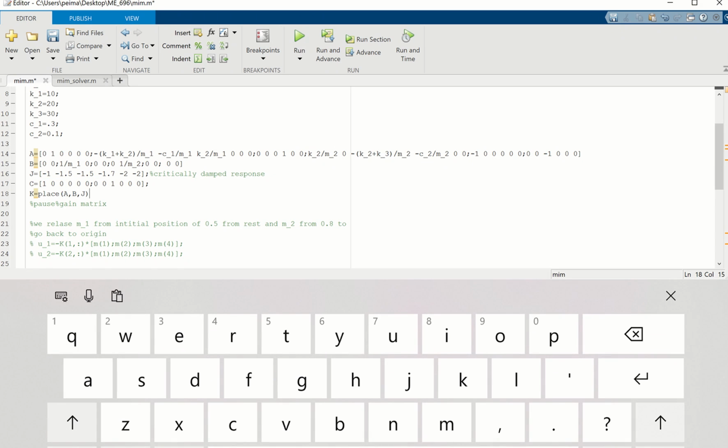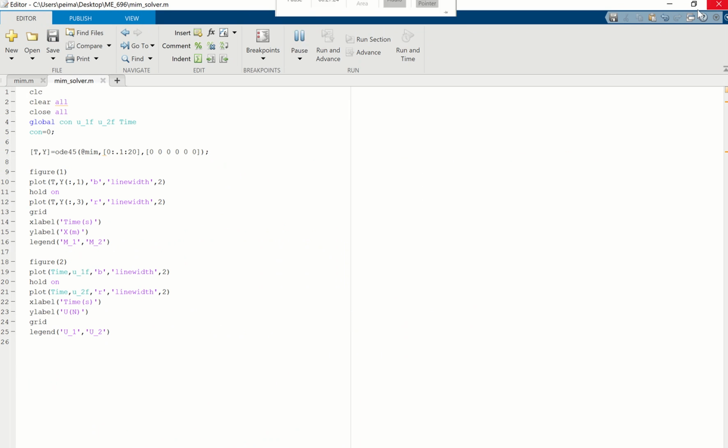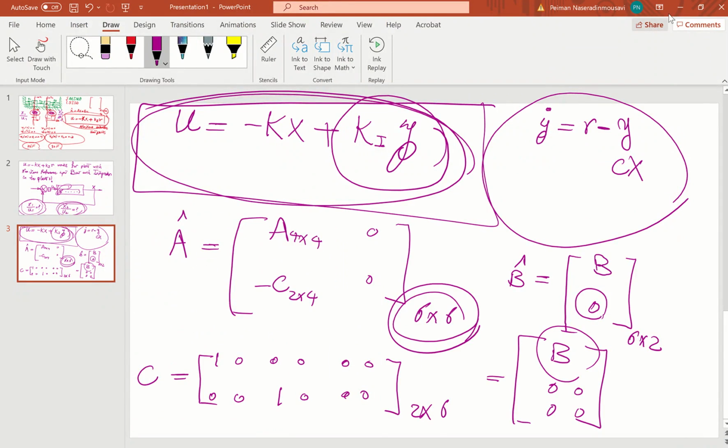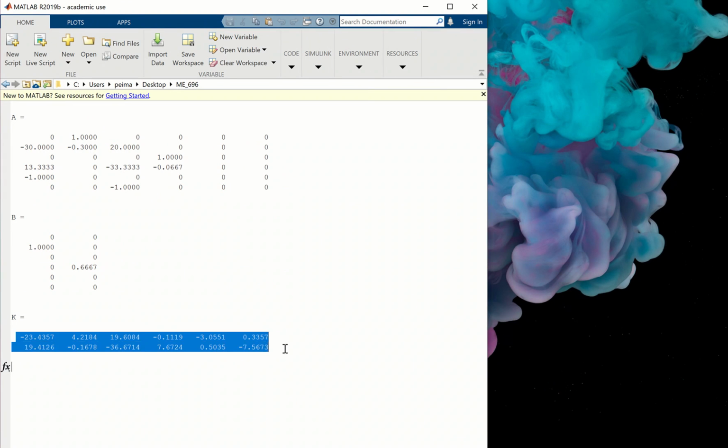That's right. So let me pause here. In the previous case, when we wanted to go to the origin, we had a 2 by 4 K. Now how many Ks are we going to have? 2 by 6. Look at here, I'm running it for you, guys. Here we go. See? Now our K is 2 by 6.